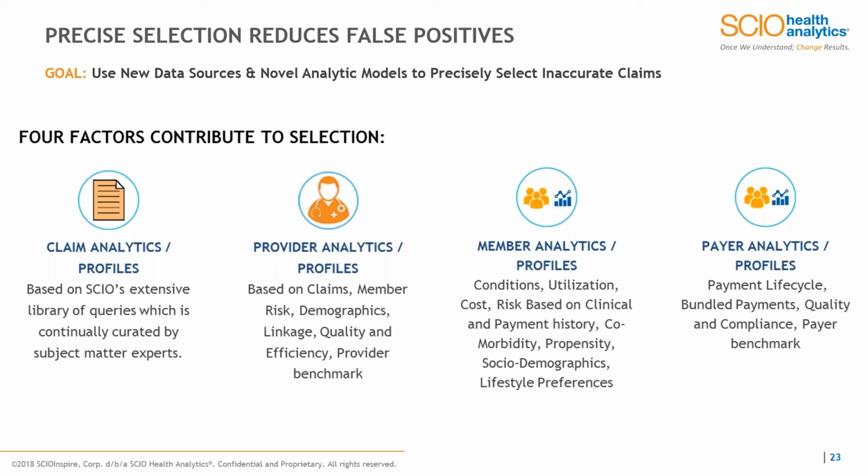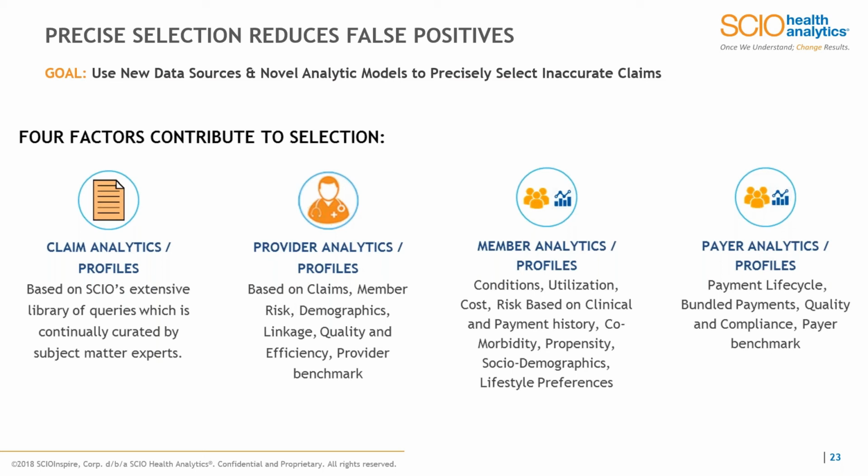We'll first start with claim profiles, which typically contain an extensive library of queries, which is continually reviewed and updated by subject matter experts. The provider profiles may include claims billed by the provider, member risk scores, demographics related to the provider's location, quality and efficiency, and benchmarking.